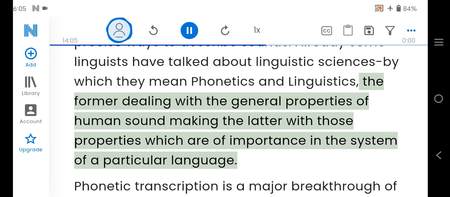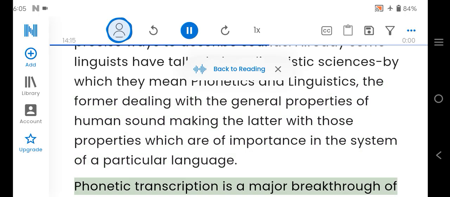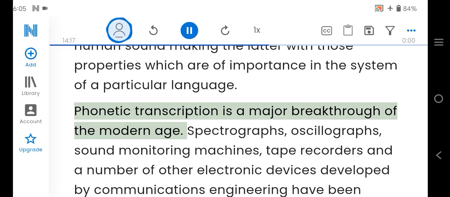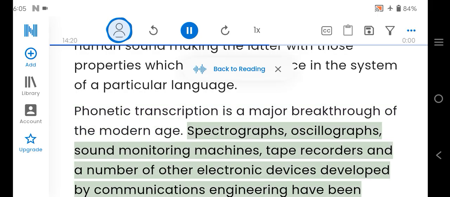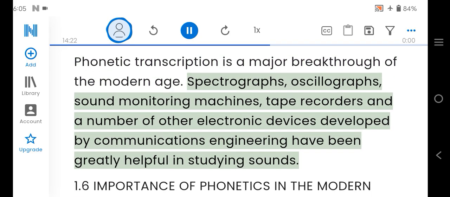The former deals with the general properties of human sound, while the latter deals with those properties which are of importance in the system of a particular language. Phonetic transcription is a major breakthrough of the modern age. Spectrographs, oscillographs, sound monitoring machines, tape recorders, and a number of other electronic devices developed by communications engineering have been greatly helpful in studying sounds.